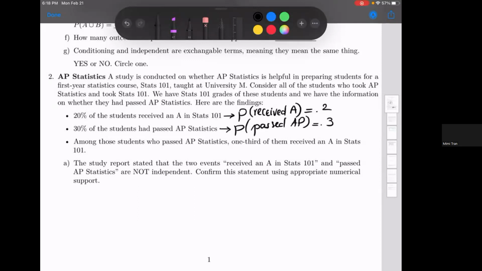Can someone come up with the last one for me? P of what? Hint, conditional. P of something given something.